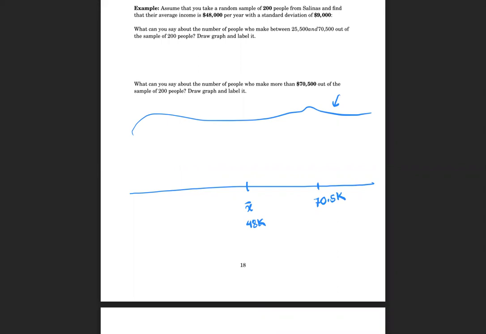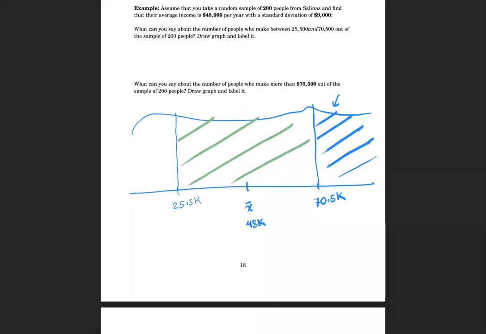So this time, I don't want in between. I want more than 70.5 thousand. So that means I'm looking for this one. In the last one, I was looking for this, 25.5K. So last time, I was looking for this green shaded region. Remember that. This time, I'm looking for the blue shaded region.